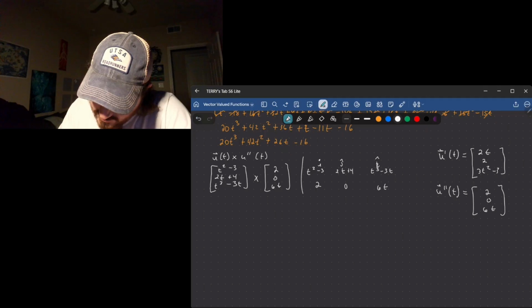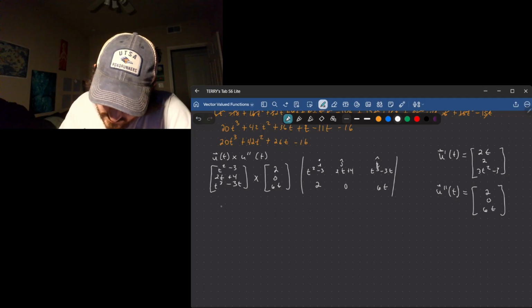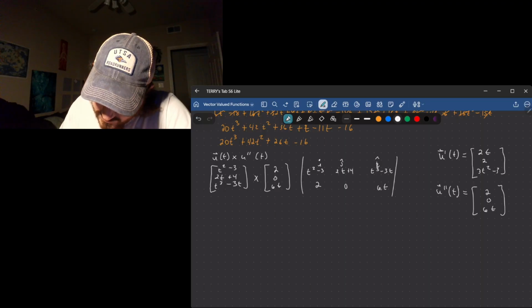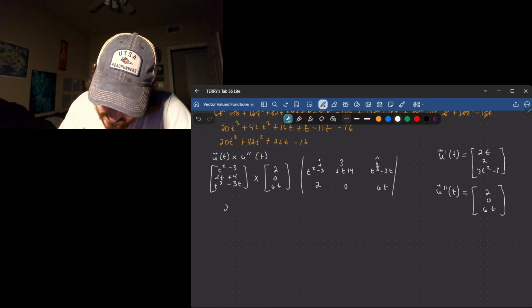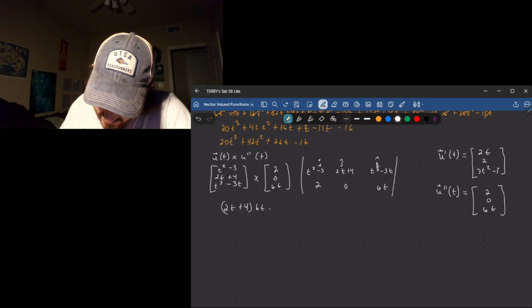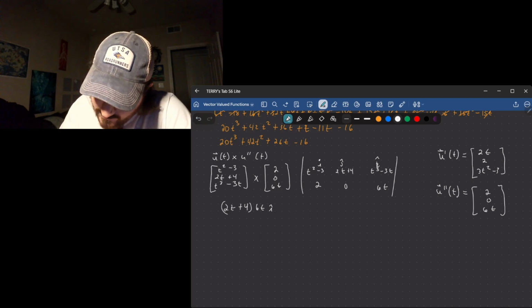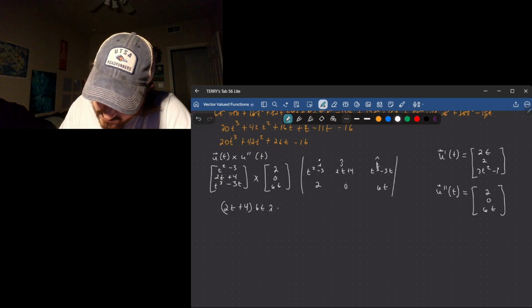Okay, so we're going to take the determinant here. We start with our i hat. We've got a 0 here, so we're just worried about this 2t plus 4 times 6t. That's for our i hat. I'll use the i hat notation for now. Then we have our j hat. For this one we are going to have everything, and we'll remember how the coefficients switch signs.